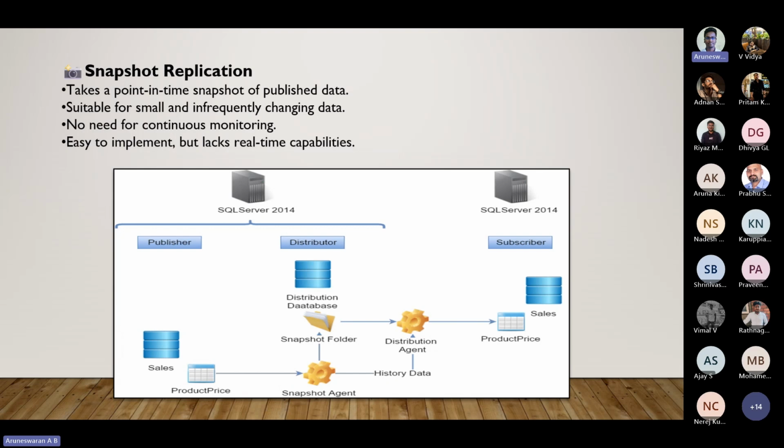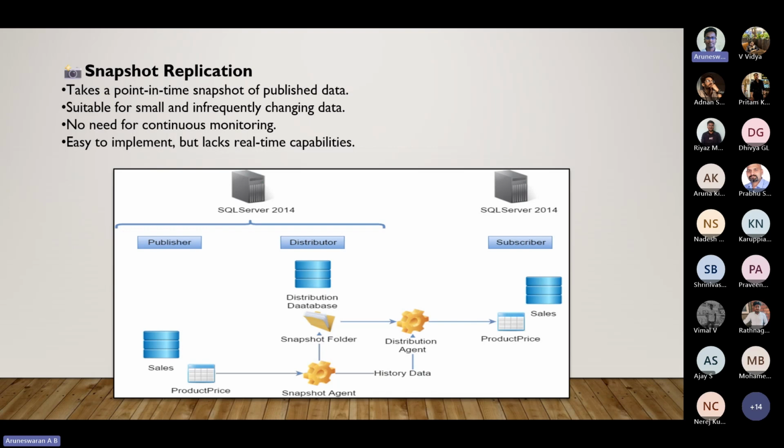As the name suggests, it takes a snapshot of the entire database or specific database objects from publisher to subscriber. The first point is it takes a point-in-time snapshot of published data. The publisher takes that snapshot and transfers it to the distributor, and the distributor takes the data and puts it into the subscriber. It's very suitable for small and infrequently changing data.